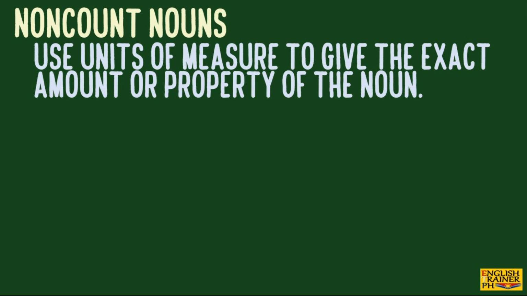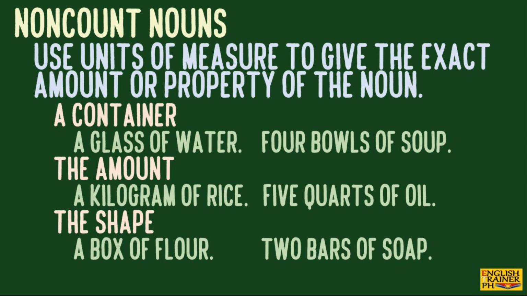Finally, to give an exact amount of an uncountable noun, we can use units of measure, like a container, or the amount itself, or the shape of the uncountable noun. In the examples below, you can see a glass of water. To make this plural, we need to change glass to glasses, like 5 glasses of water, or 4 bowls of soup.